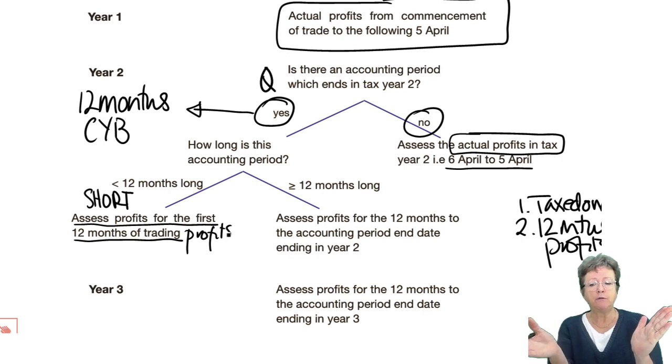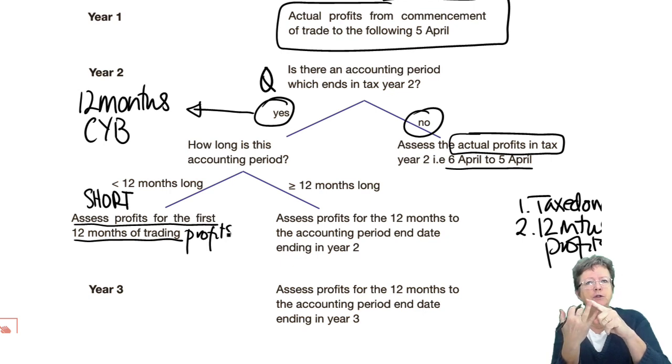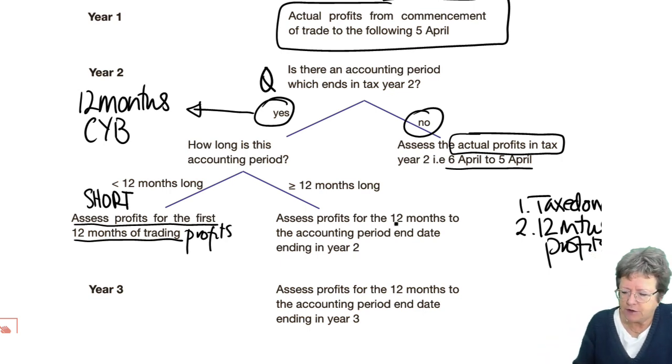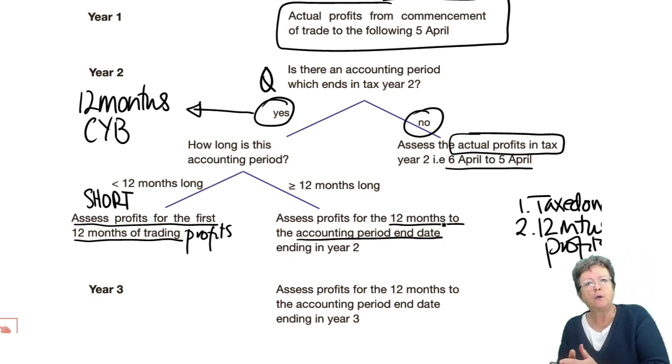It's longer than 12 months. The rules are we're only taxed once, on 12 months' profits, but I've got a set of accounts that are 13 months long. How does that work? This is 12 months' profits you will be assessed on in the accounting period end date. So in this case, it would be 12 months up to the 31st of January.